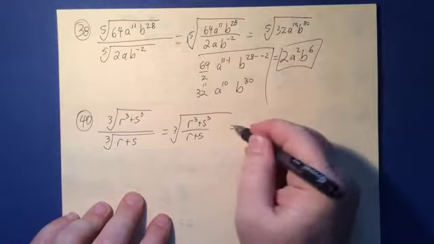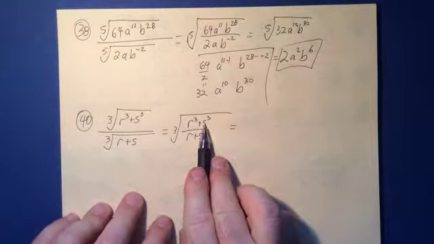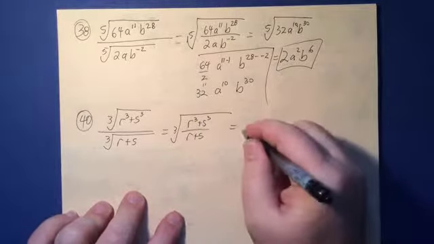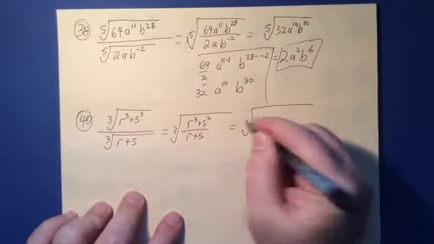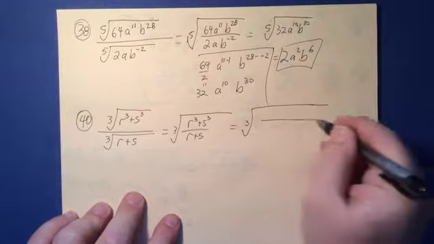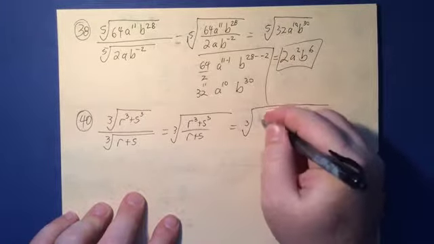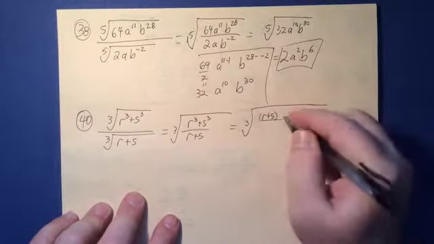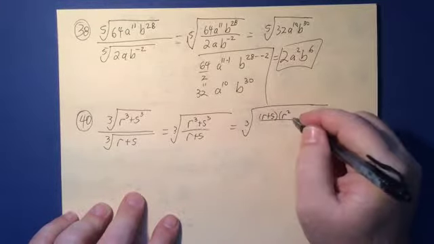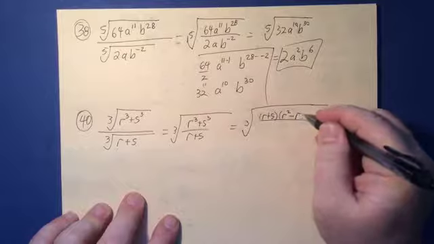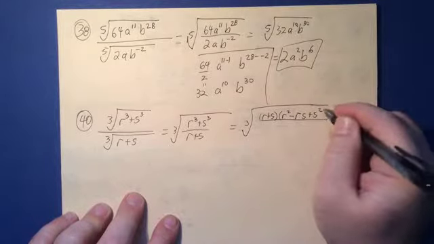What we're going to do with this now is, you should recognize that r cubed plus s cubed is the sum of perfect cubes. And we can factor the sum of perfect cubes. When we factor the sum of perfect cubes, you should find the formula to be r plus s times r squared minus rs plus s squared.